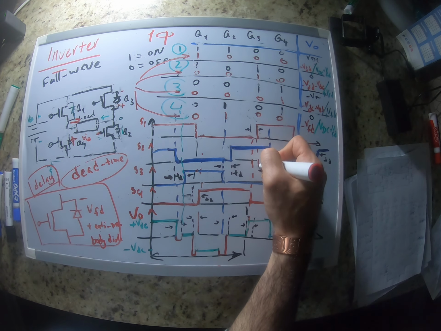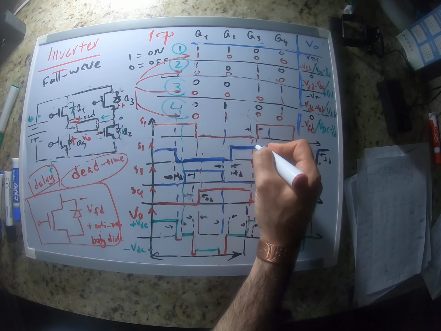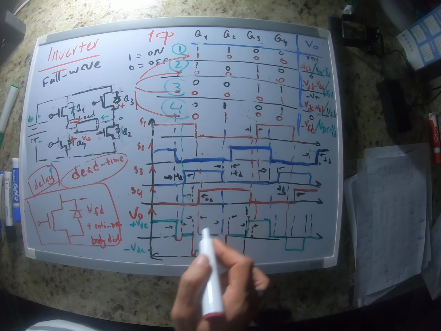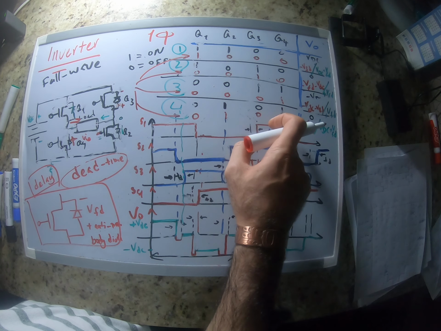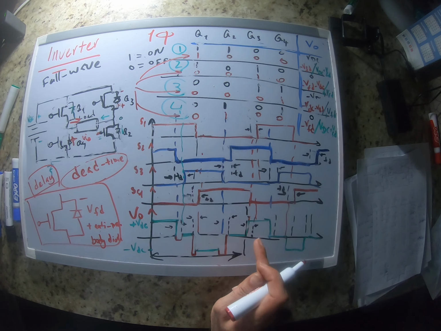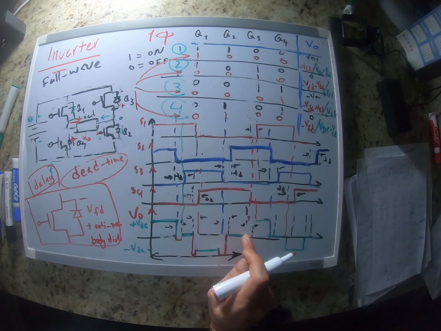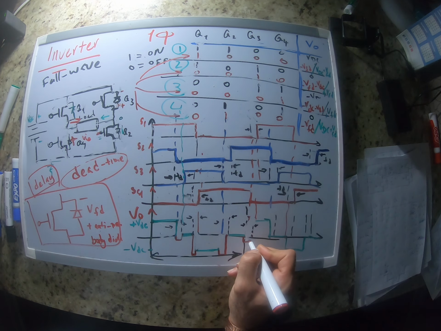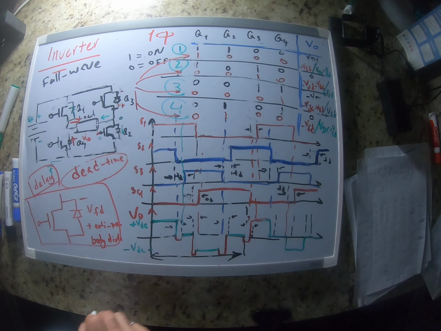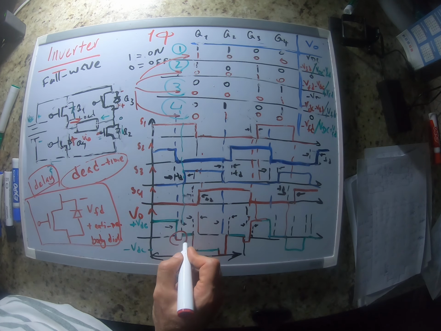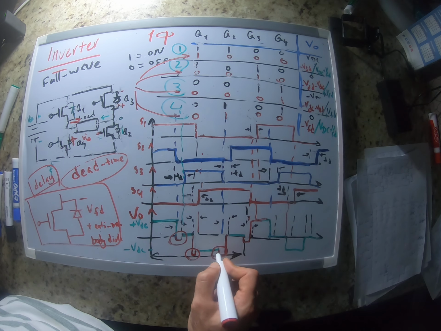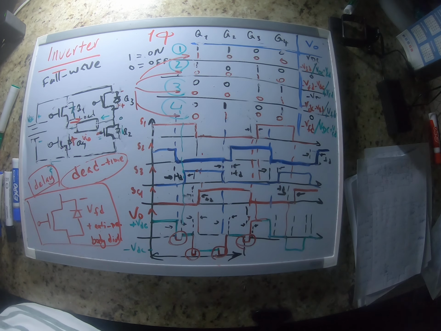If you look at this dead time here, only switch 2 is on. When switch 2 is on and all the other switches are off, we have negative VFD here. So this is going to be negative VFD, and it goes back to what we had before. And this is going to continue. So these are the effects that we have because of those dead times.